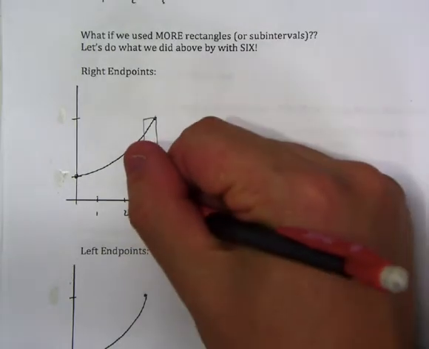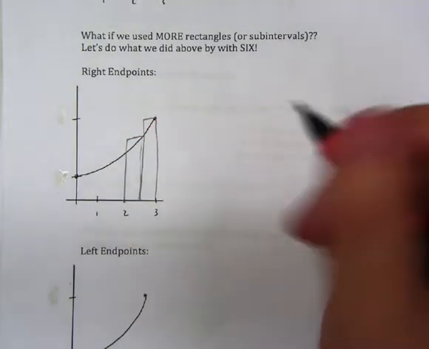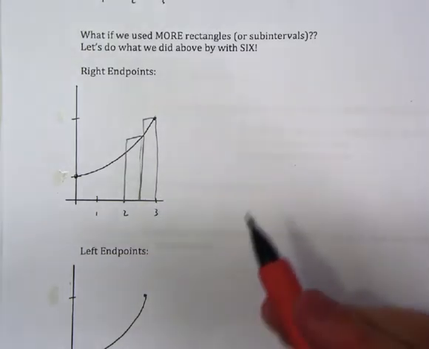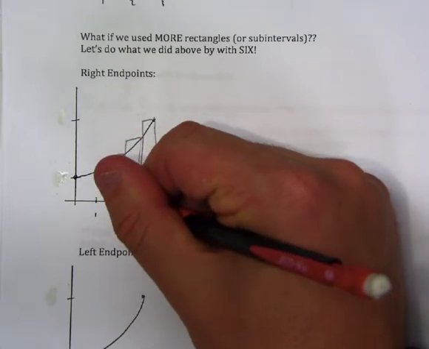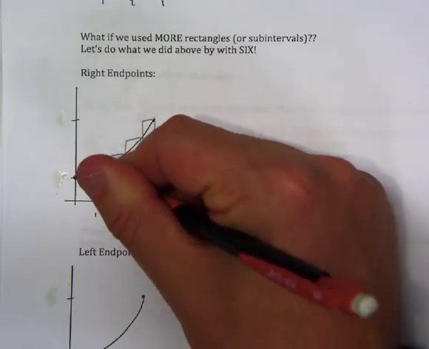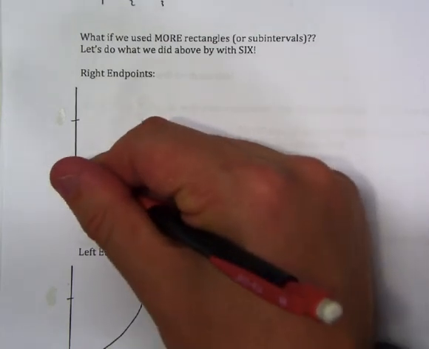And then I would go up, and I would go over till 2, and I'd go down. And I'm going to find the area of all 6 of these rectangles. I'd go up, over, down, up, over, down, up, over, down, up, over, down.